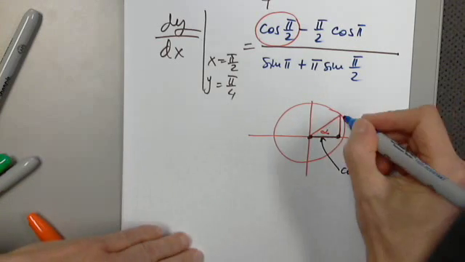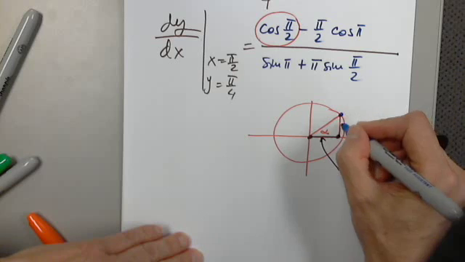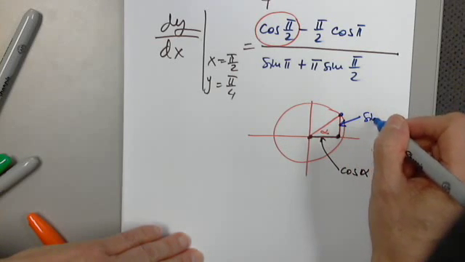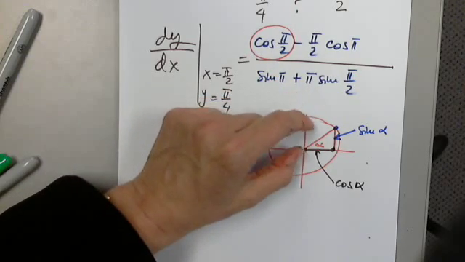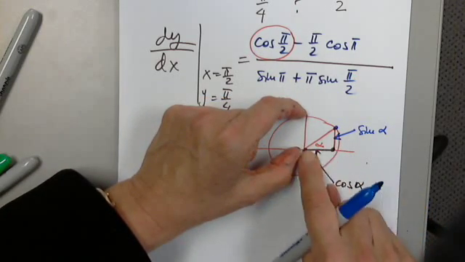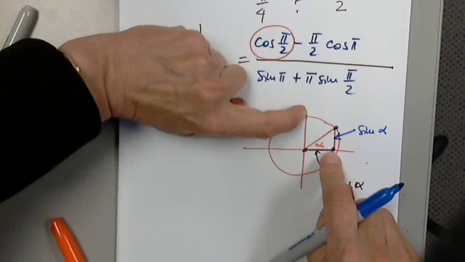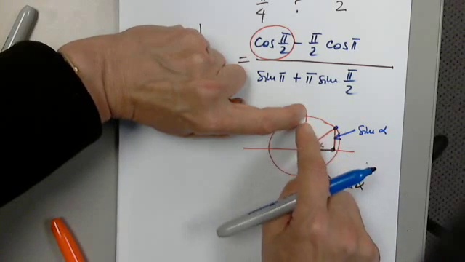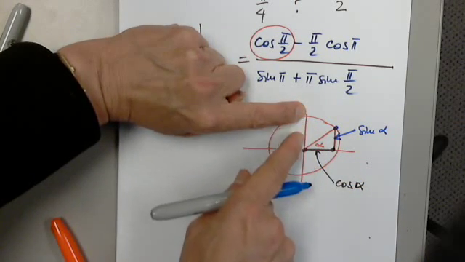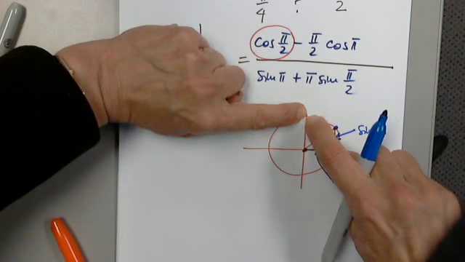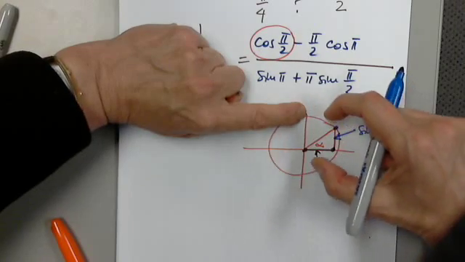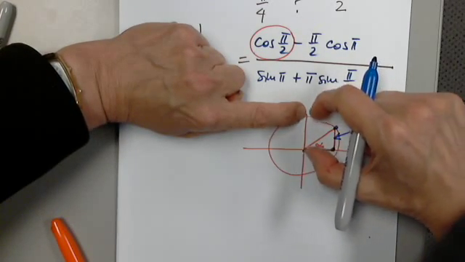And this piece from here is sine alpha. So for an angle of pi over 2, how much is the horizontal? 0. So that's why cosine pi over 2 is 0. But how much is sine pi over 2? 1.